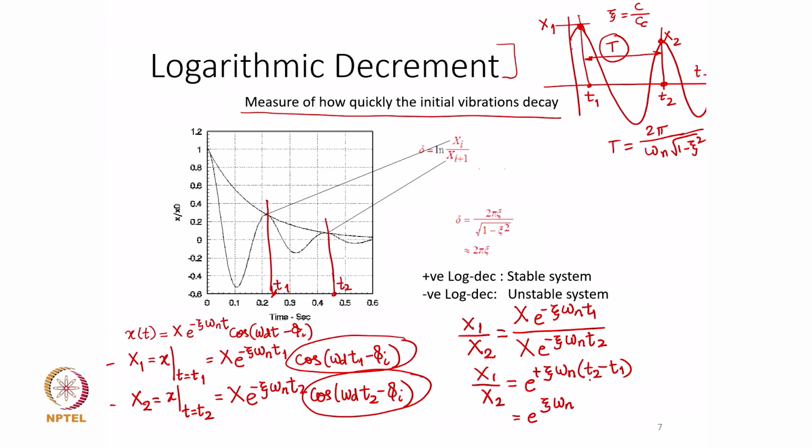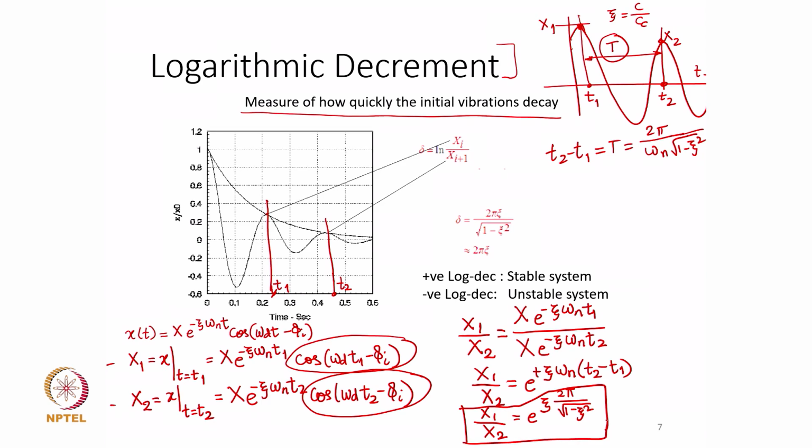So, when I substitute t 2 minus t 1 by this expression, omega n will obviously cancel out, and what I will be left with is 2 pi zeta over square root of 1 minus zeta square. Now, that is x 1 over x 2.